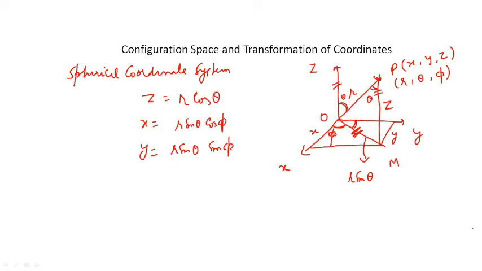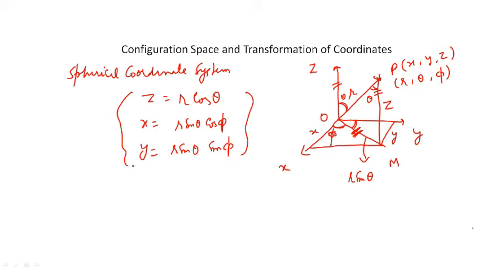So here you see that you have written the Cartesian coordinates in terms of the spherical polar coordinates. We can find some relations between the Cartesian coordinates and the spherical polar coordinates from these equations.